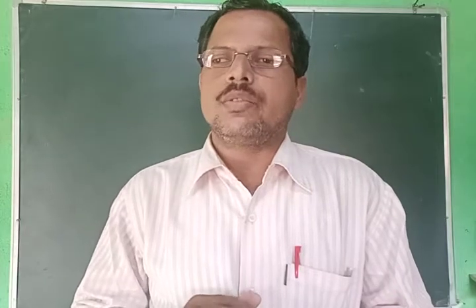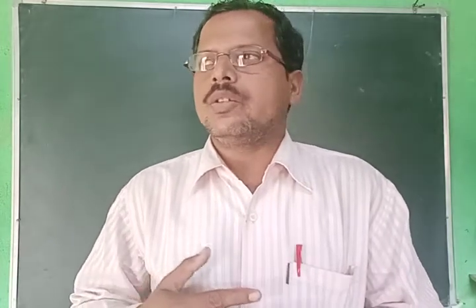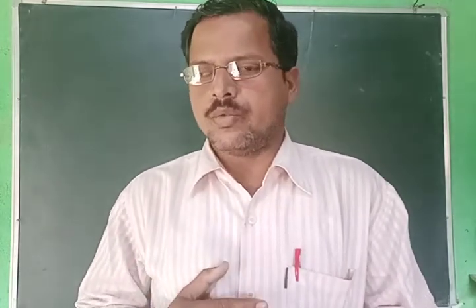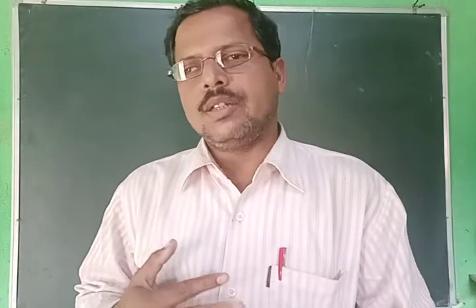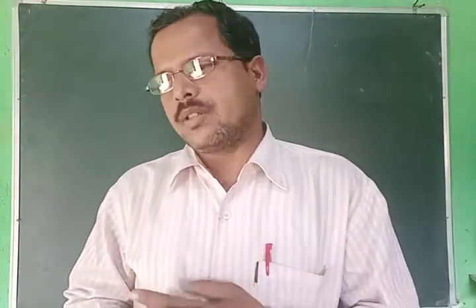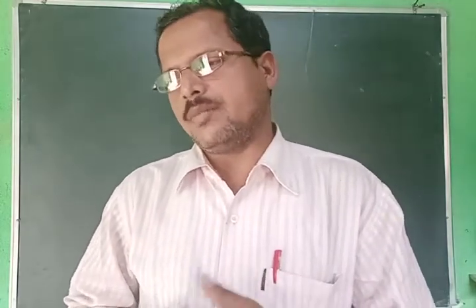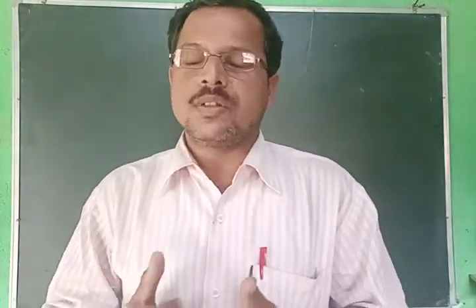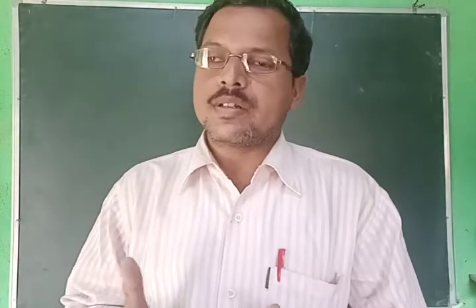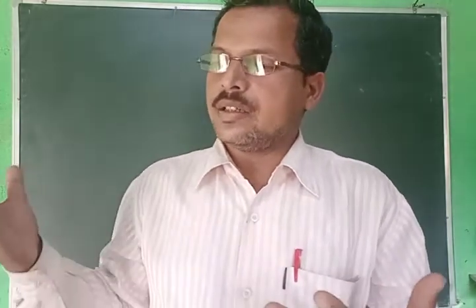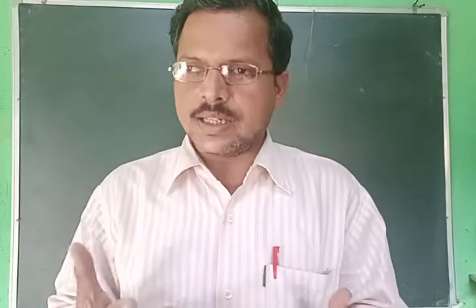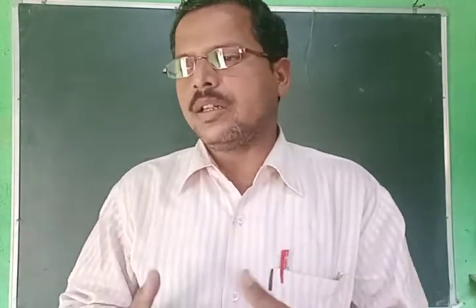Let us continue the reflection, how it behaves when it gets reflected from the surface of a mirror. We have two types of mirrors: one is plane mirror, another is spherical mirror. In case of a plane mirror, light directly gets reflected as parallel beams.